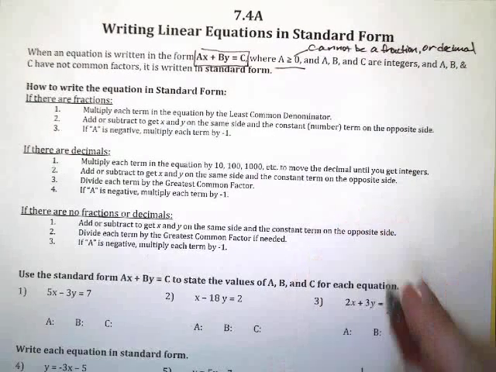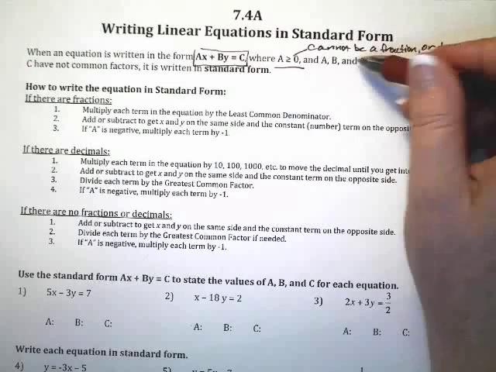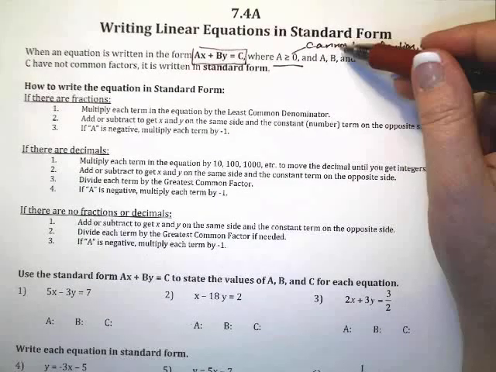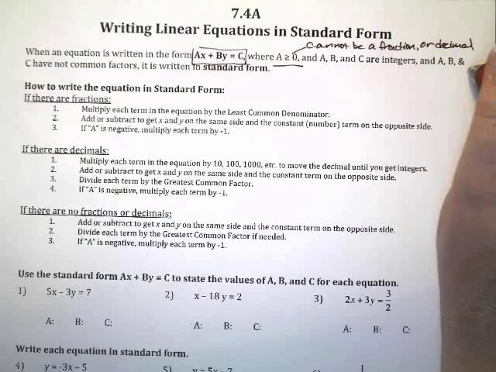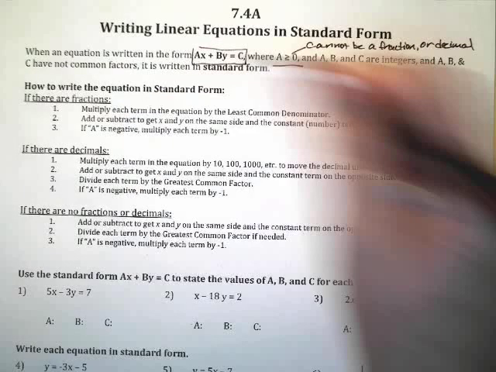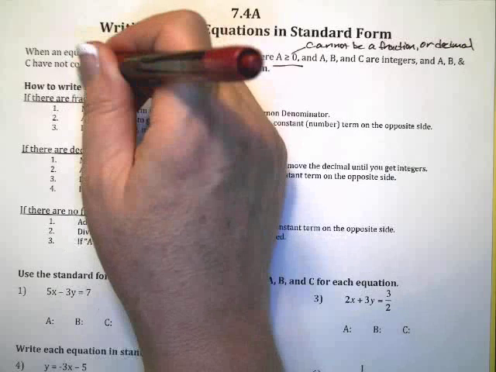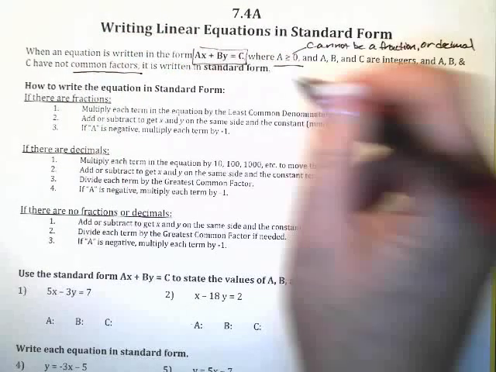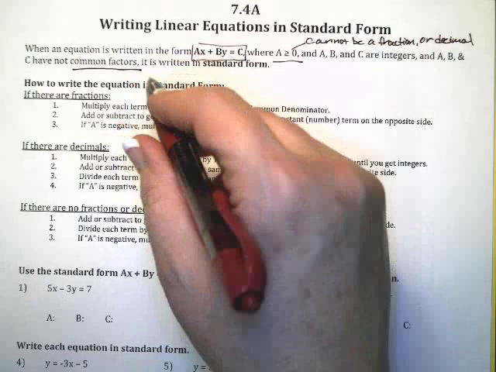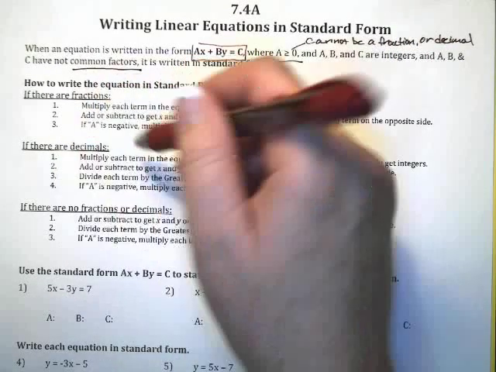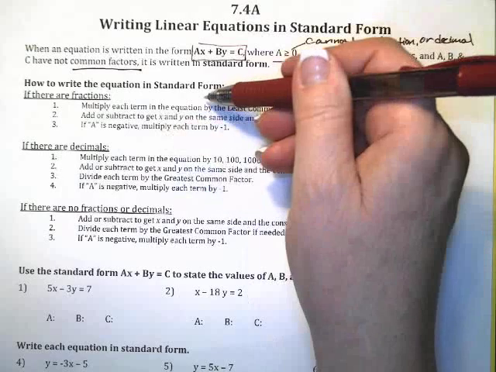So a needs to be a whole number. And a, b, and c need to be integers. And a, b, and c need to have no common factors. So we'll talk about that more as we get to these examples down here. But these are the different ways that we can write an equation in standard form.